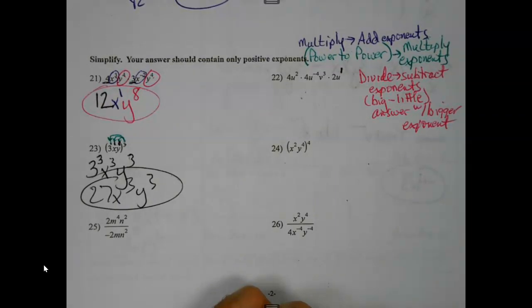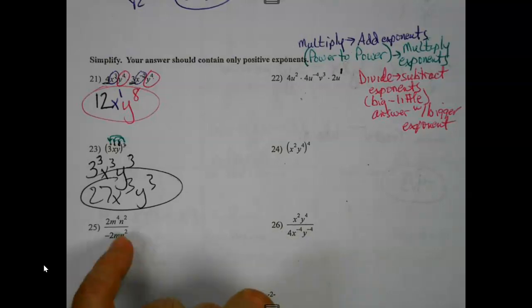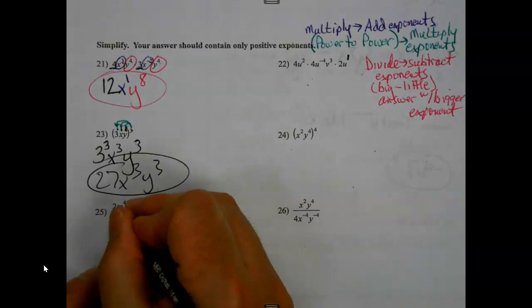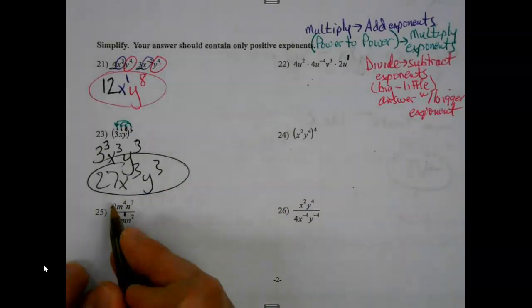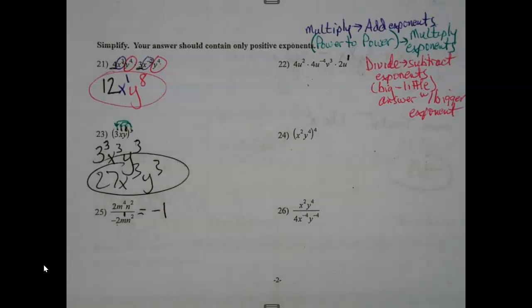So we're actually going to do 26 because there's a twist we need to talk about. We might chat both of these. So if we do 25 first, let's chat this through. You divide the bigs. 2 divided by negative 2, negative 1.